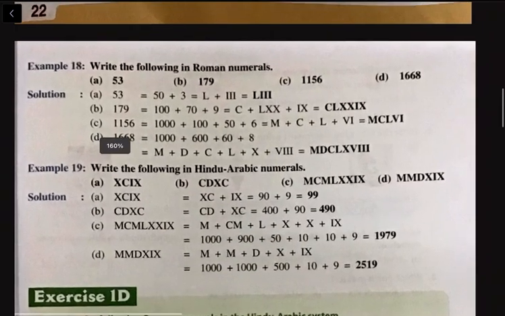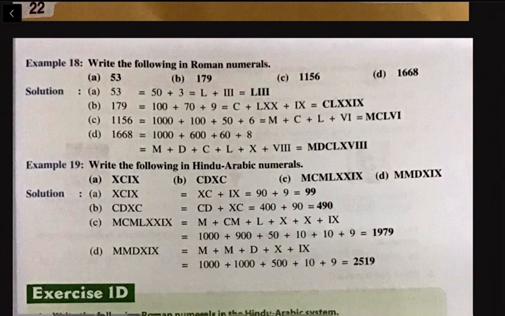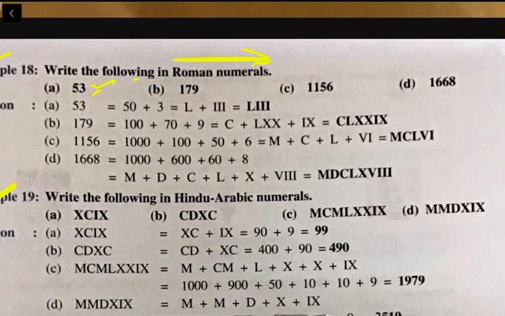We can do some examples on page number 23, example number 18 and example number 19. Example number 18: write the following in Roman numerals. 53. How can we write 53? 50 plus 3.